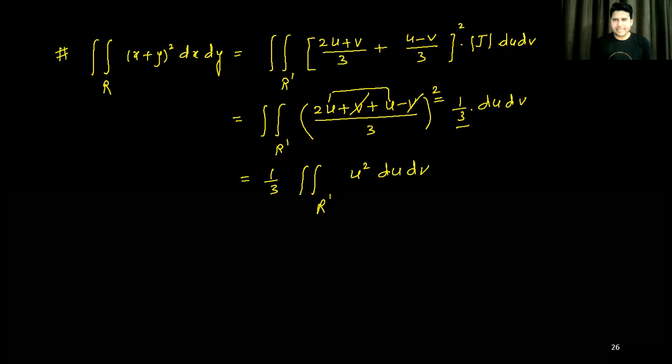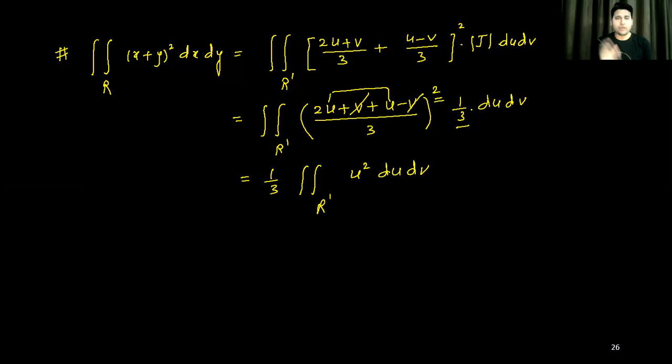Now the variables are changed, but the limits of integration we haven't evaluated till now. So we need to evaluate the limits of integration also with the help of the given region. As I told you at the start, changing of variables means we are changing the region of integration also.